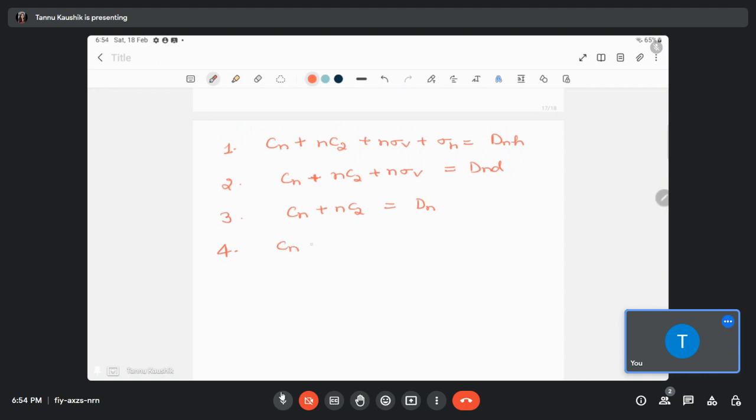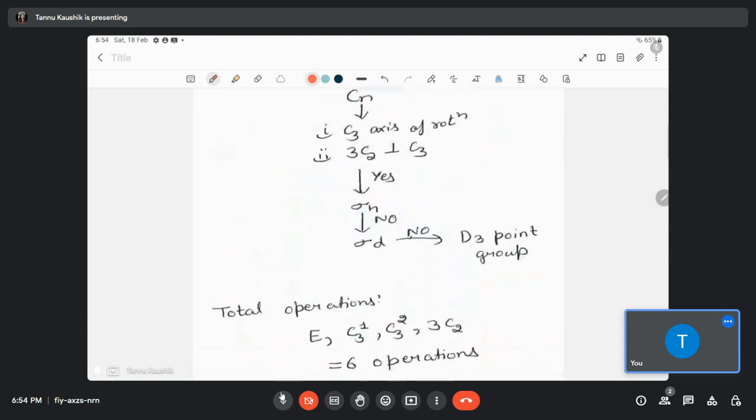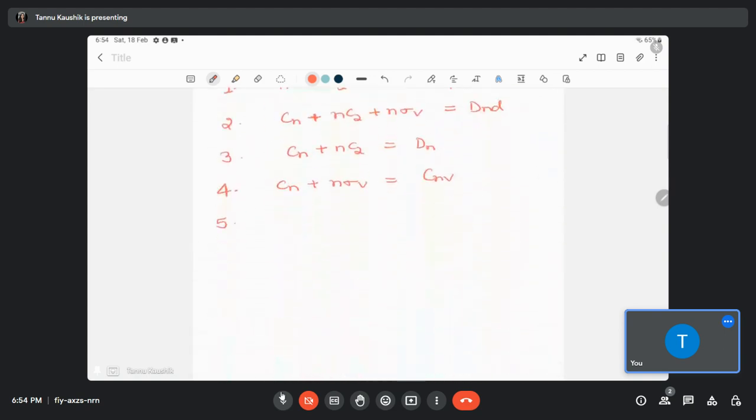And when we have Cn, a proper axis of rotation, and n vertical planes, then we will have Cnv point group. And if we have Cn, that is a proper axis of rotation, along with the horizontal plane, then we will have Cnh point group.